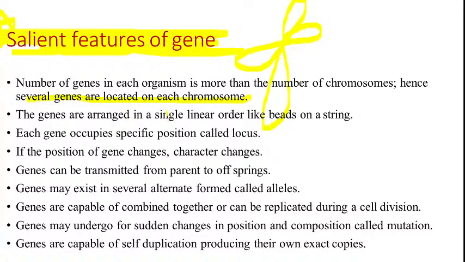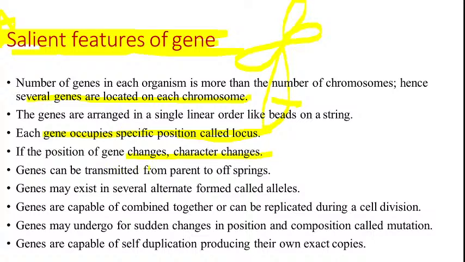The genes are arranged in a linear order like beads on a string. Each gene occupies a specific position called the locus. If the position of a gene changes, the character also changes. So they have their own particular position.